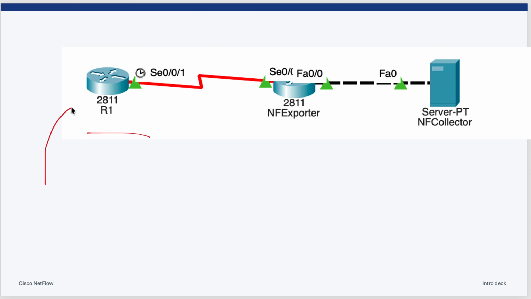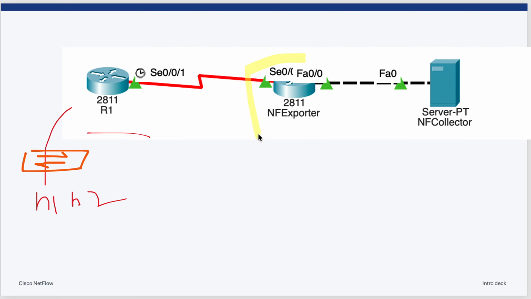Connected to R1 are all these hosts, H1, host 2, which means there's probably some sort of network switch connected between the hosts and R1. So R1 essentially is going to be accepting all of this information, and it's going to be monitored by this router right here.